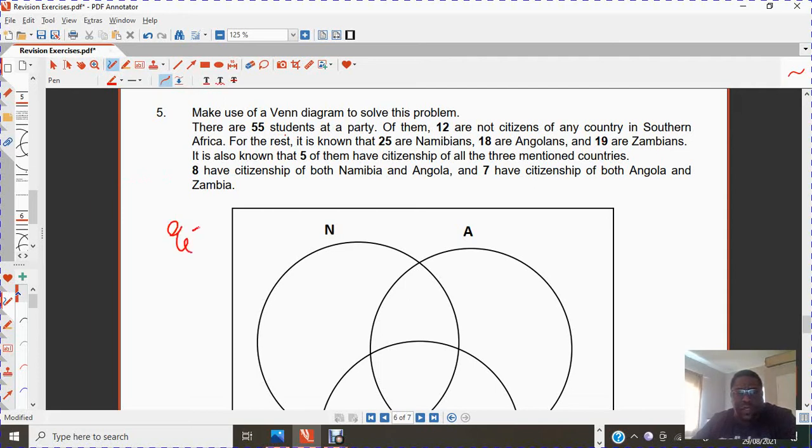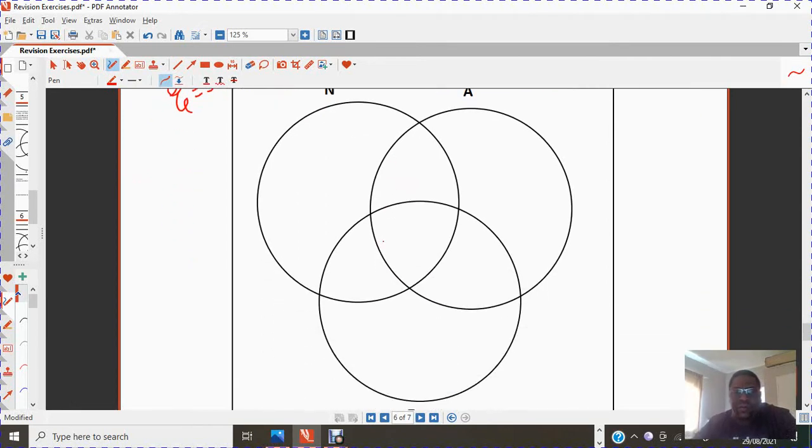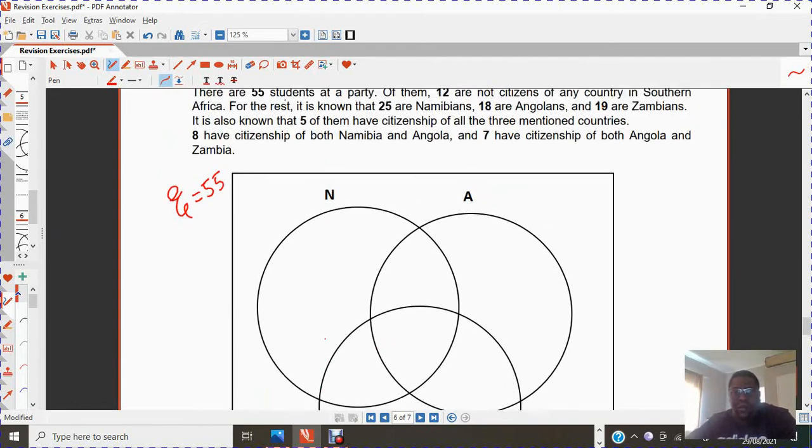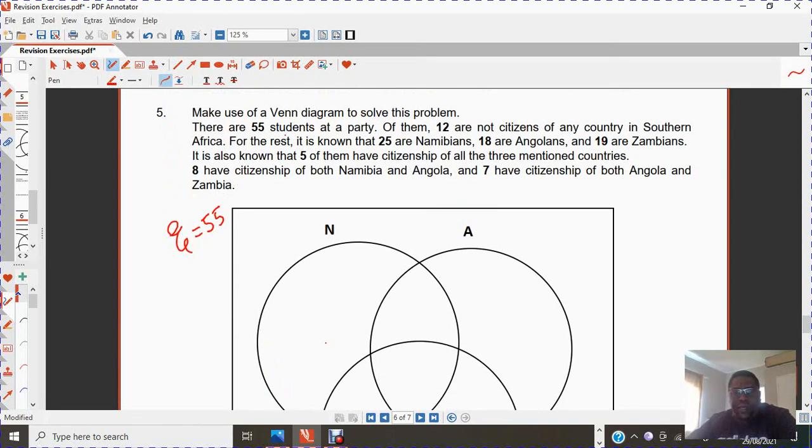We know that the universal set is 55. We also know that 12 students are not in any of the countries. We also know that of these, 25 are Namibians. So under Namibia, I'm going to put 25 here.